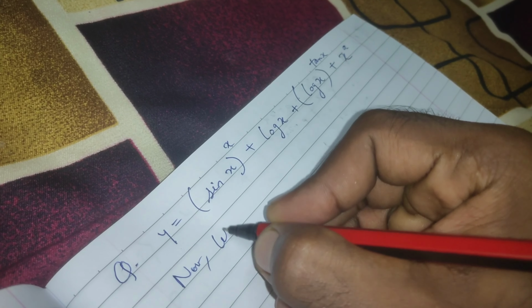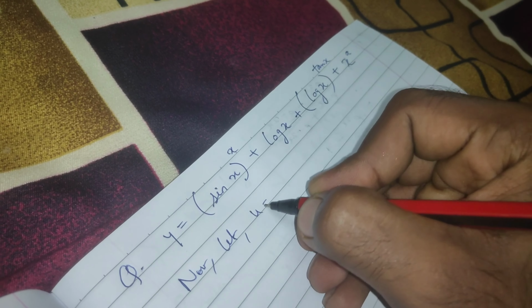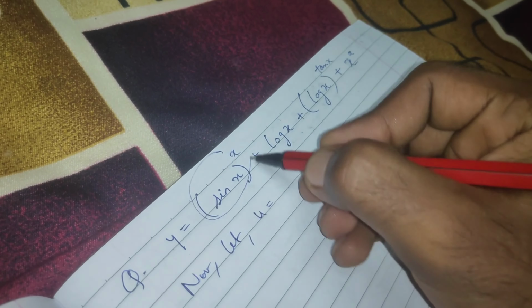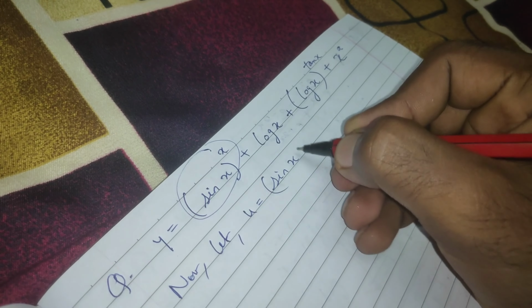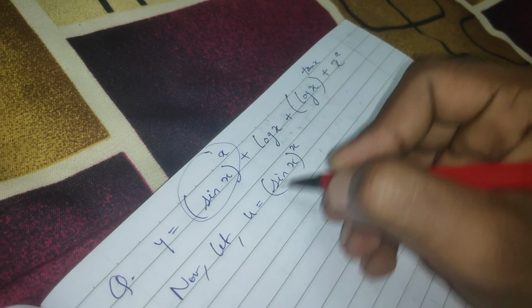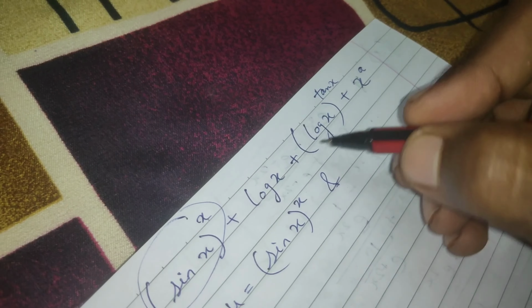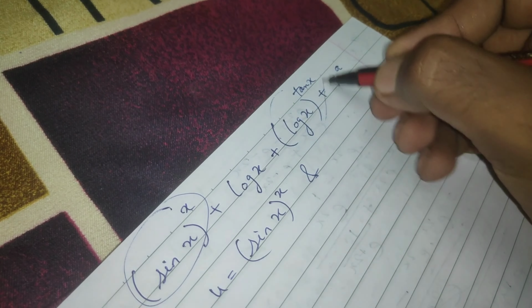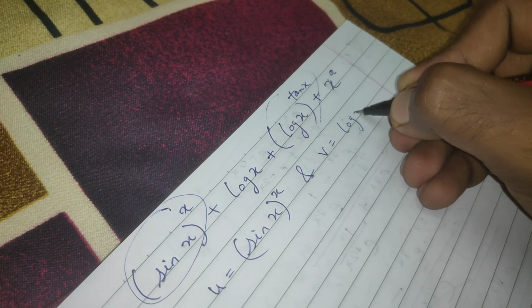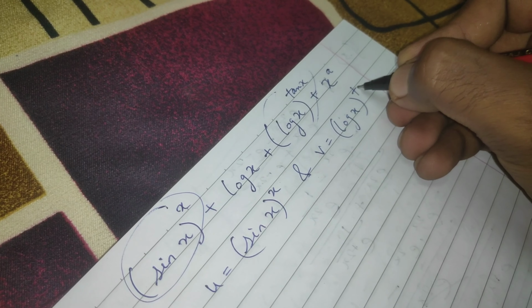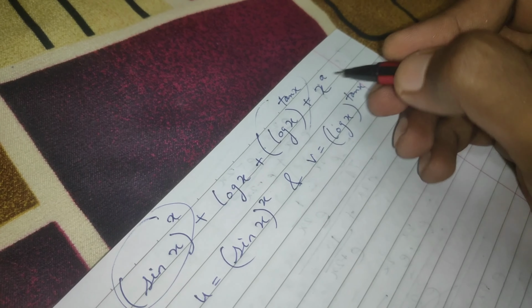So now here how are you going to do? Let us consider sin x raised to x equal to u, and here also this log x raised to tan x. Consider this whole term as v equal to log x raised to tan x, because both are function raised to function.